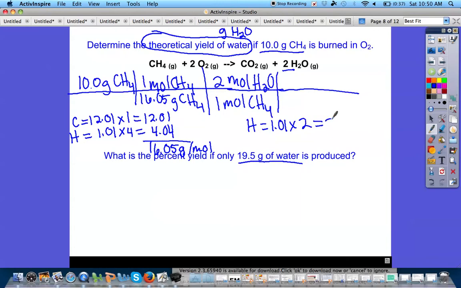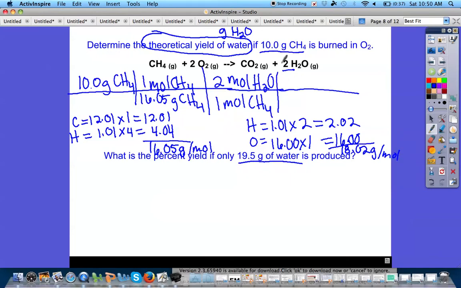There's 2 atoms there, so that's 2.02. Oxygen is 16. There's 1 atom, so that's 16. Add those together, we get 18.02 grams per mole.